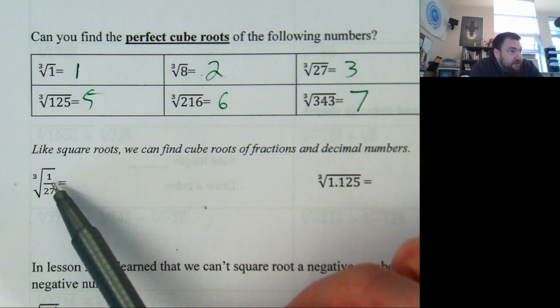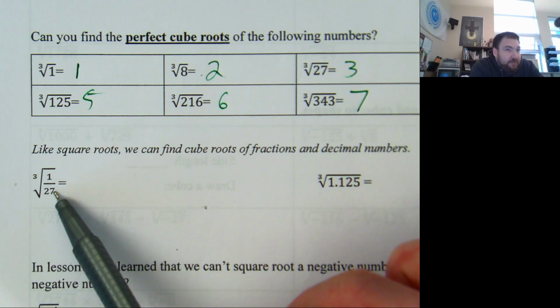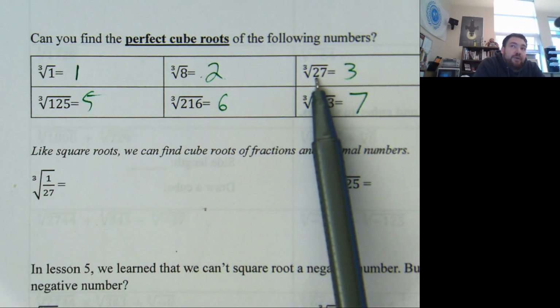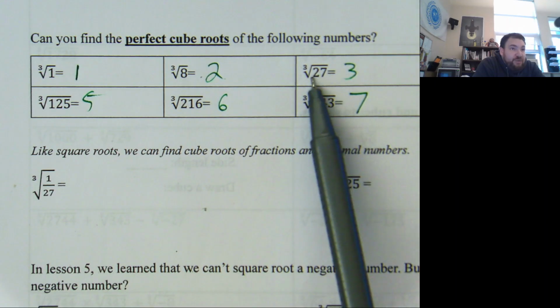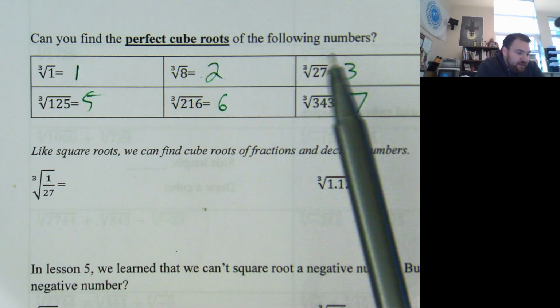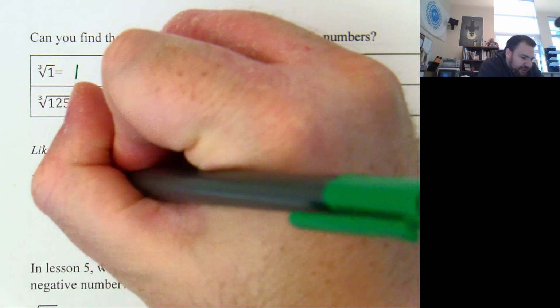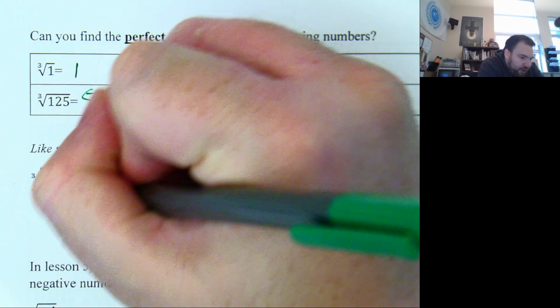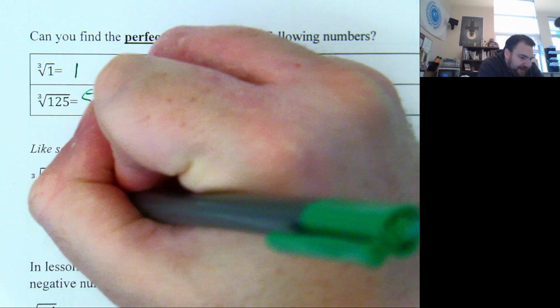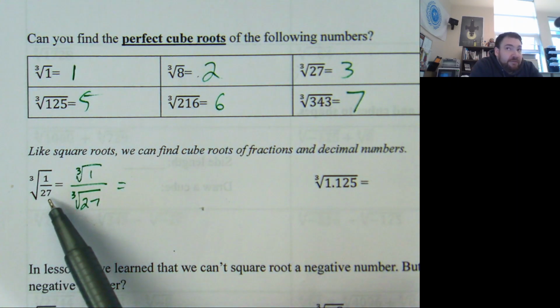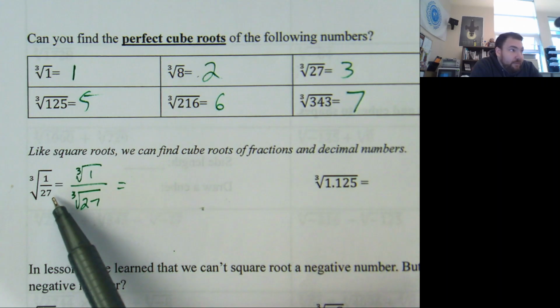Well, in this case, is 27 a perfect cube? Well, it's listed right here. The cube root of 27 is 3, so 27 is one of these perfect cubes. So then, likewise, this thing is 2. I can break this thing up into the cube root of the numerator over the cube root of the denominator. So the cube root of 1 over 27 is going to be 1 over 3.